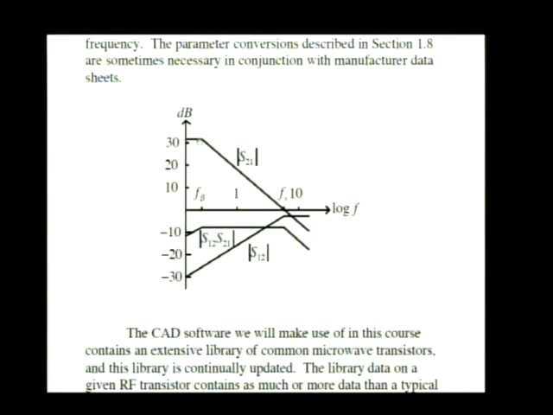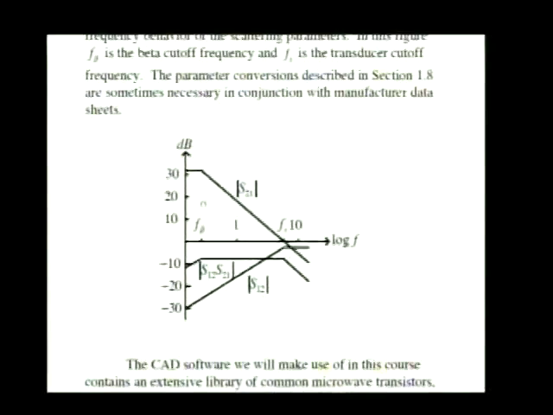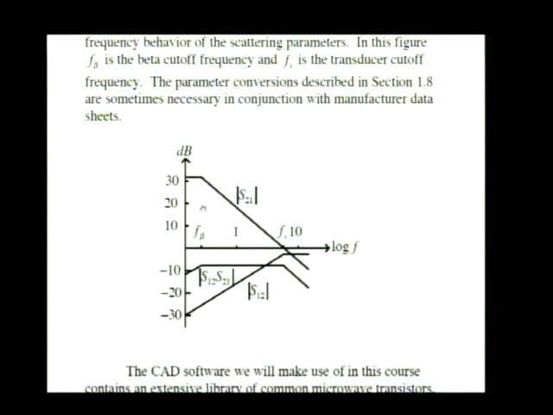But as you increase in frequency, you get a decrease in the value of the transducer gain. The frequency F beta, where the forward gain starts decreasing, is often called the beta cutoff frequency.